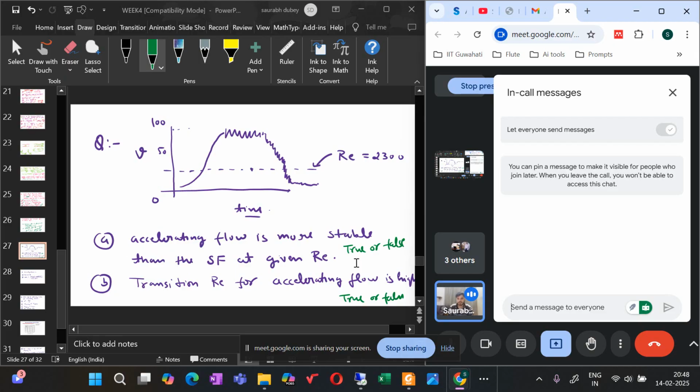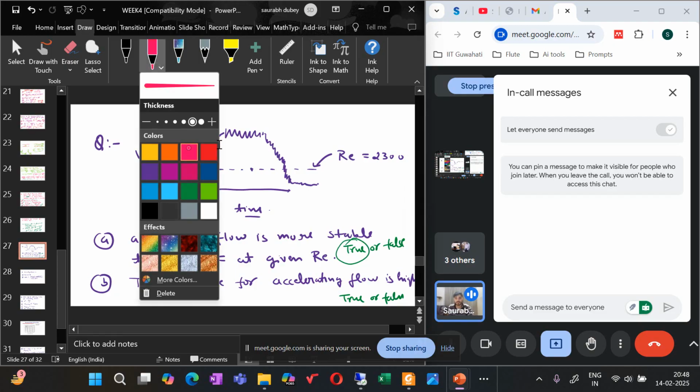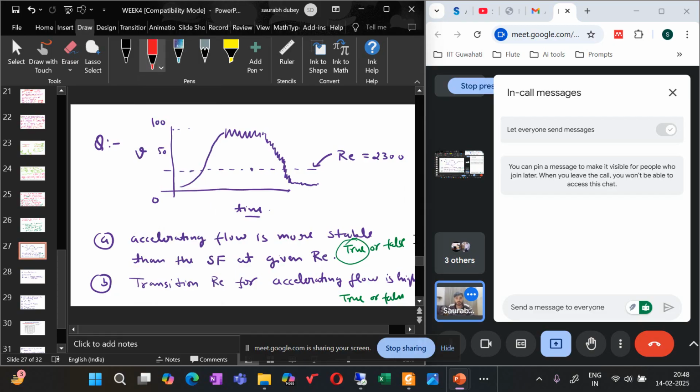After that, there are like two or three questions remaining, right? So this one is true. I am saying you just look at this. Time is less. So this one is true and this one is. What I'm saying is, accelerating flow is more stable. If a flow is accelerating, it means velocity will be increasing.